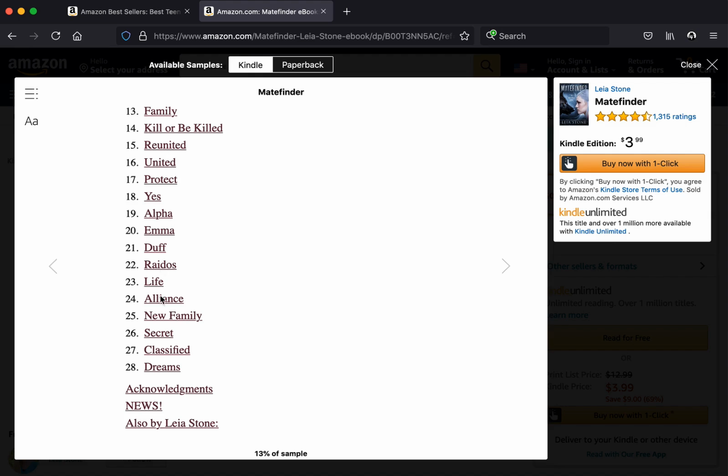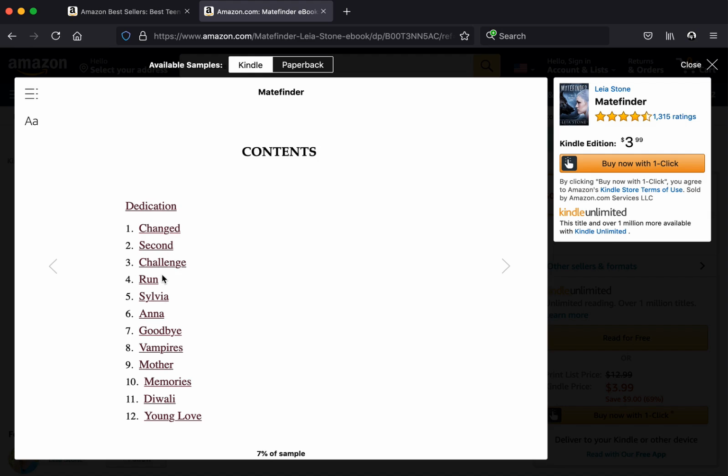Okay, so these are chapter names, but these have character names in them. I mean, they have Sylvia and Anna, but generally, if you had dual perspective, it would be, again, chapter 1, Ryan, chapter 2, Leslie, chapter 3, Ryan, chapter 4, Leslie, or something like this. This could just be introducing characters.